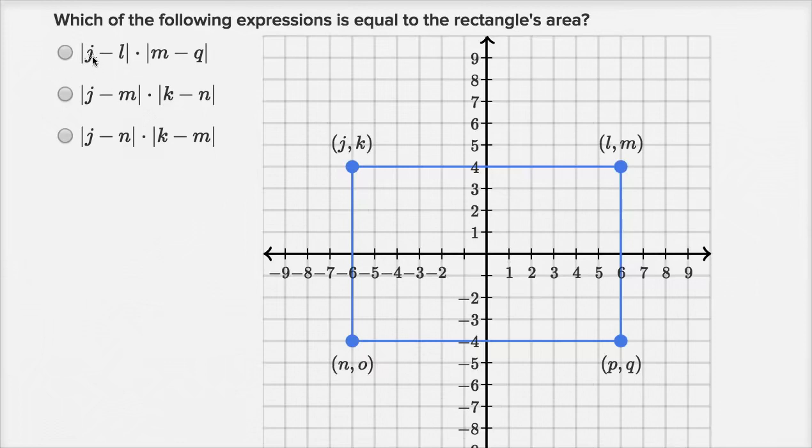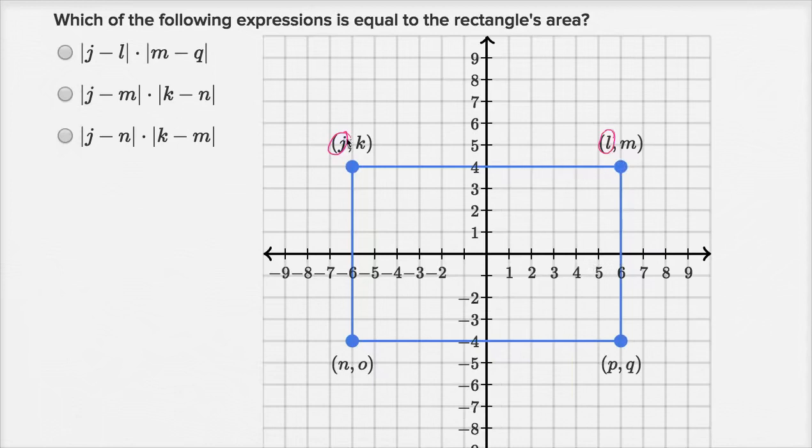So the absolute value of j minus L. So let me get a color here. The absolute value of j minus L. So j is this x-coordinate. It's going to be negative 6. And L is this x-coordinate. It's going to be positive 6.